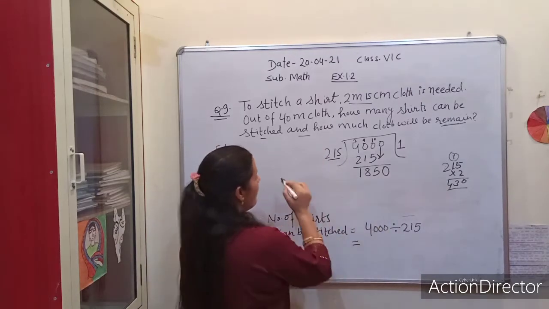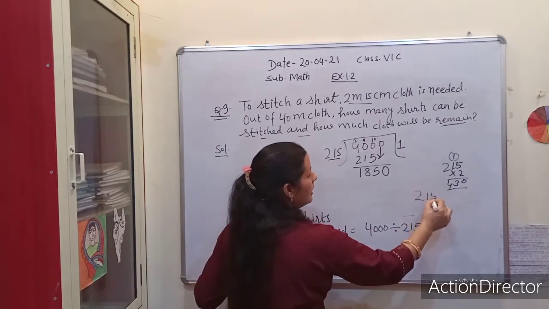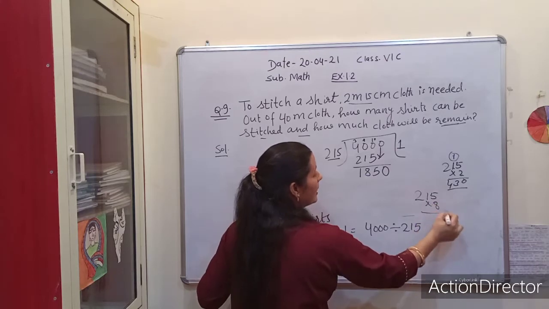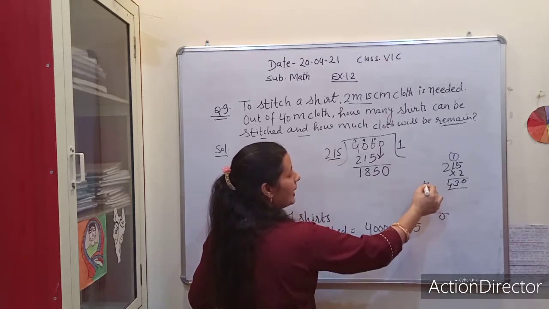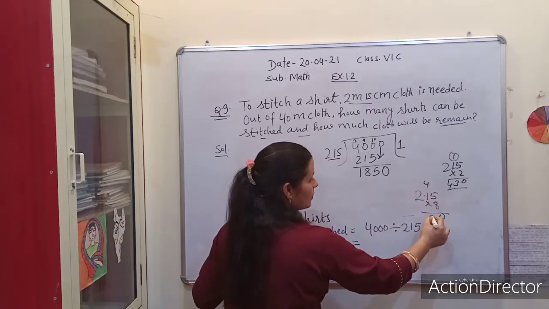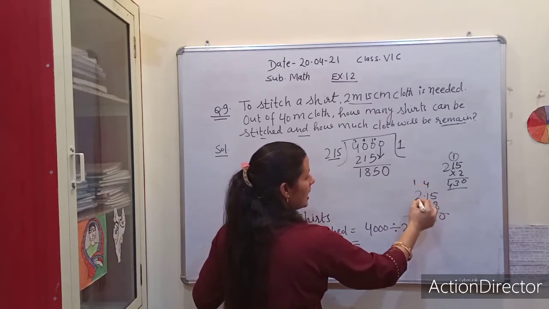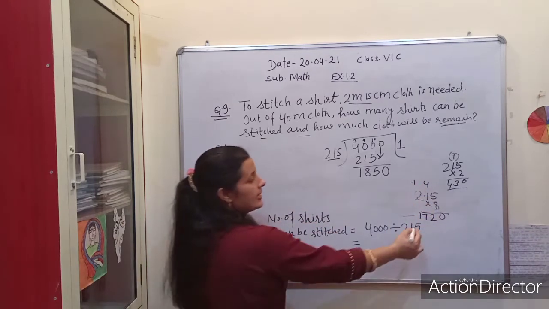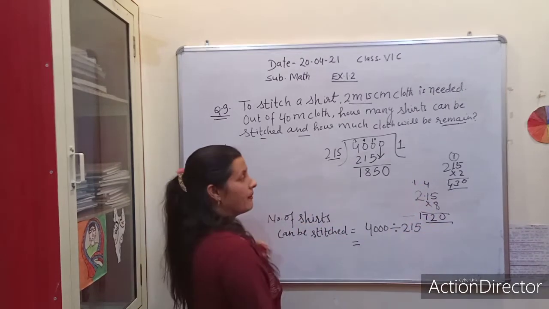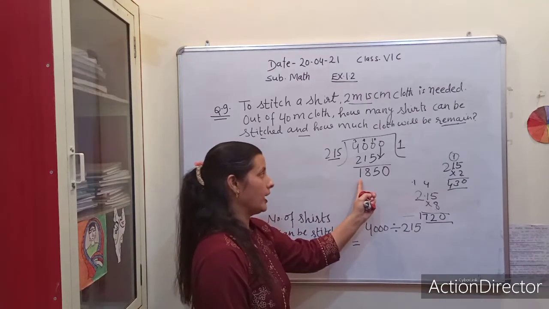Now I am multiplying 215 by 8. 8 5s are 40. 8 1s are 8 and 4, 12. 8 2s are 16. 16 and 1, 17. Okay, it is 1720, just nearer to 1850.